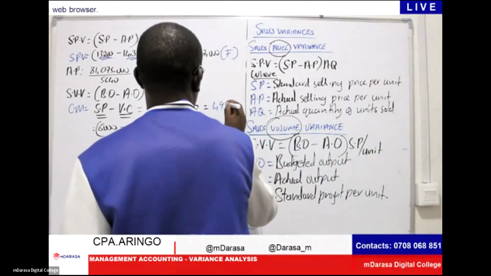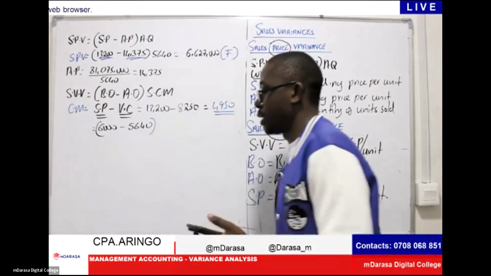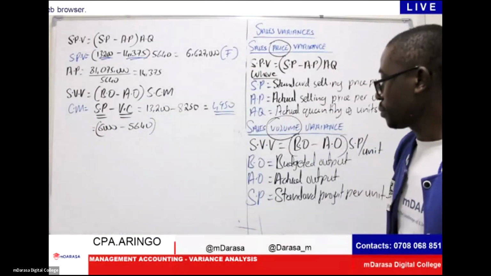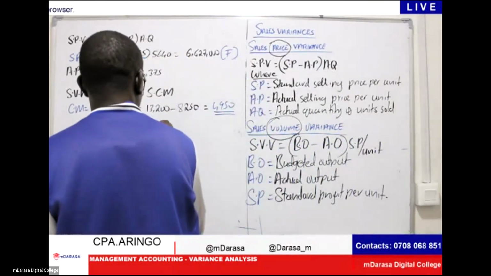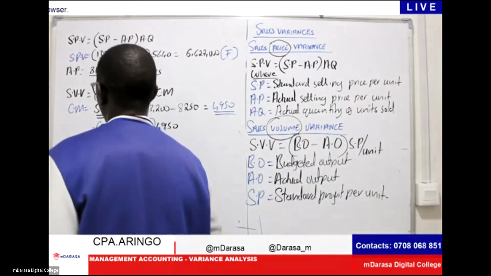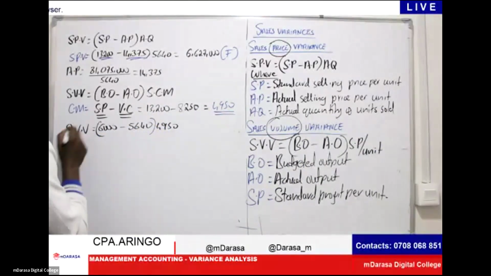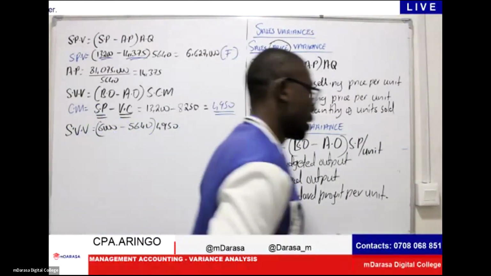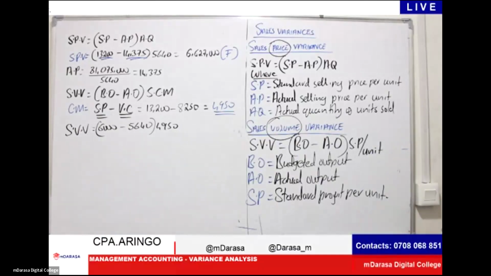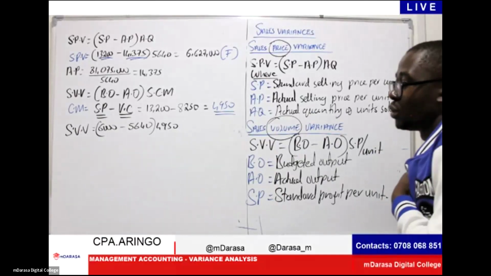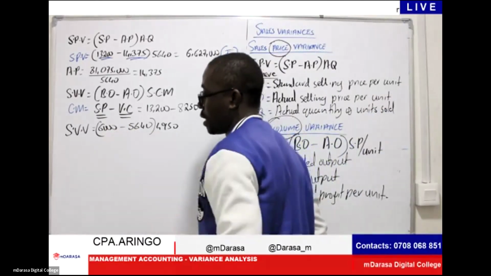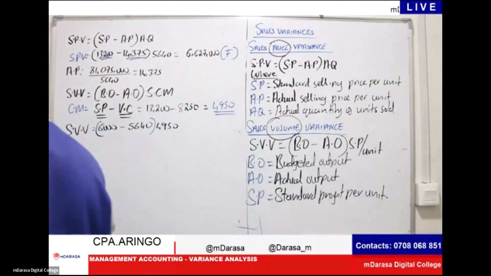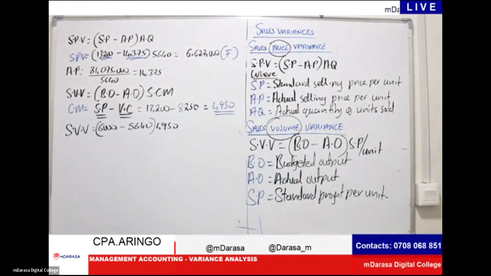So this is our standard contribution margin. So we multiply by 49.50 to get our sales volume variance. At this point, one easy concept that we need to identify: you had budgeted to sell 6,000 units, but you ended up selling 56,000. That's when they look at that. Your favorable variance of your customer.